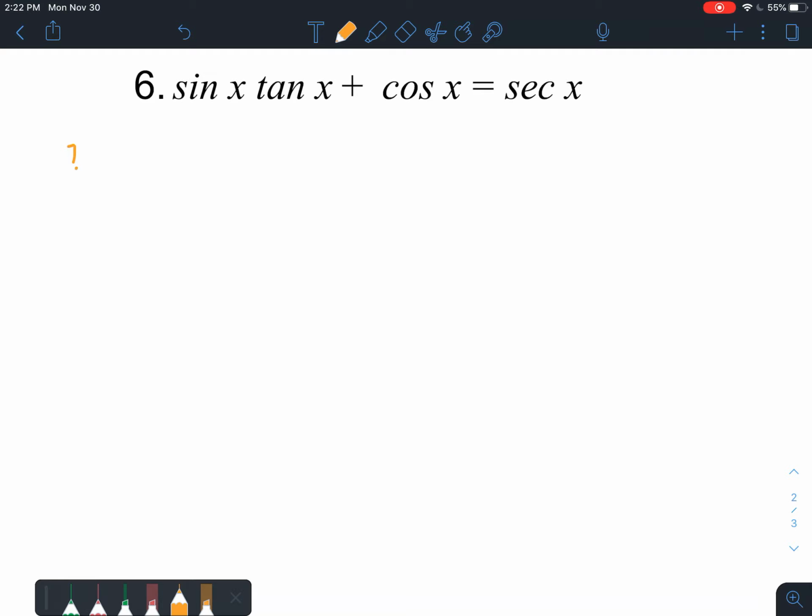Do that on your own. So you should have sine of x times sine of x over cosine of x plus cosine of x. Okay.